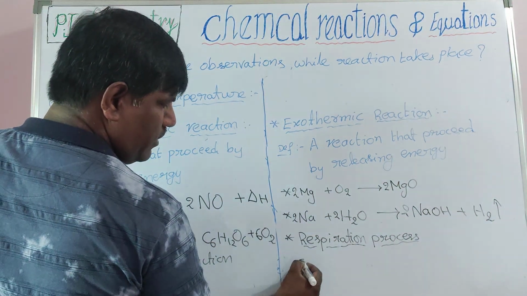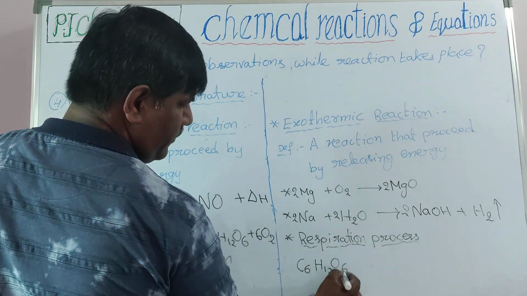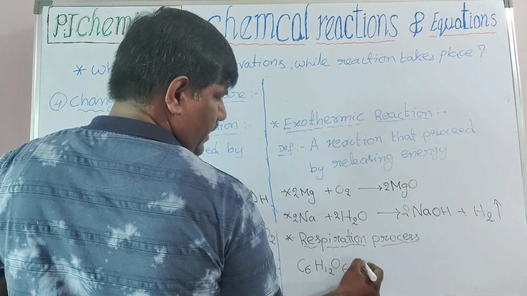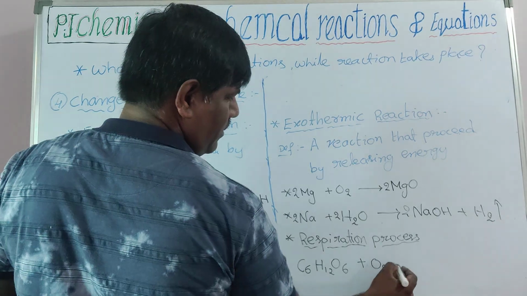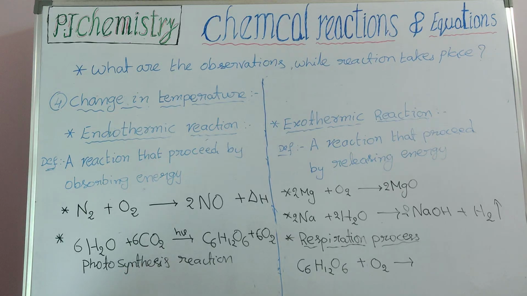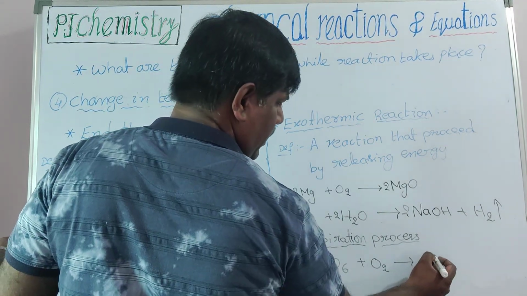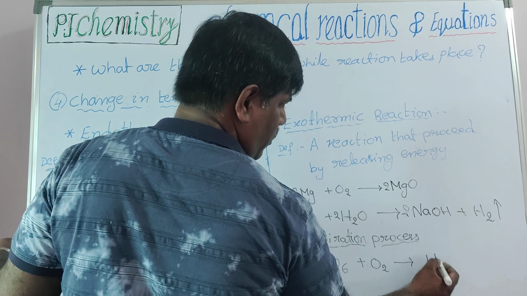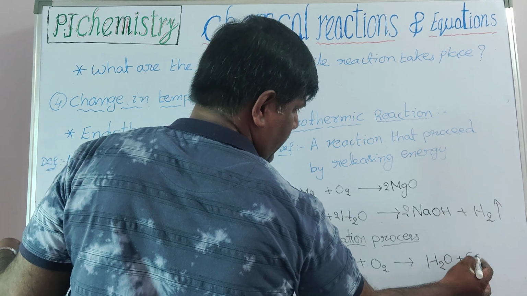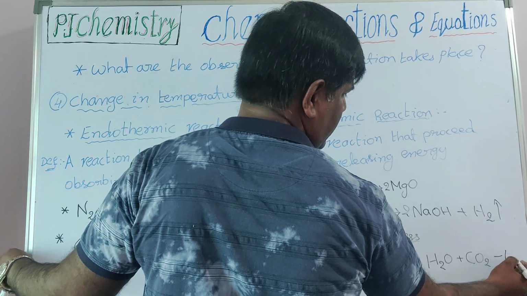Food contains glucose, C6H12O6. What we are eating as food contains glucose. We are inhaling oxygen. Both of these participate in the reaction and liberate water, carbon dioxide, and energy.